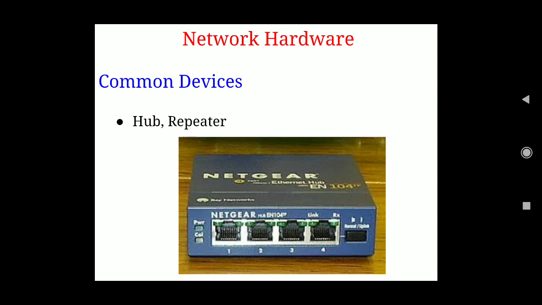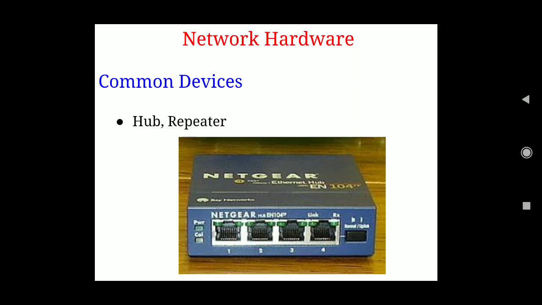Now, the hubs are categorized mostly into two: the active hub and the passive hub. Remember the words passive and active. A passive hub is one which does not amplify the received signals. When the machines are communicating, they'll be transmitting some signals.